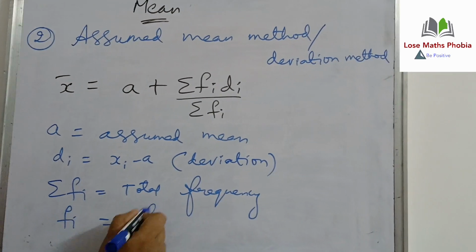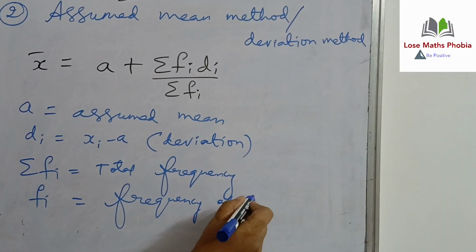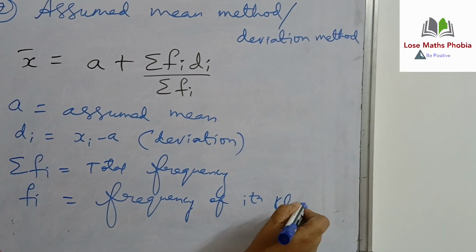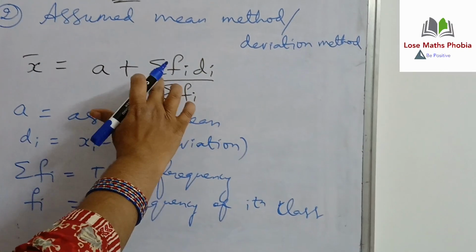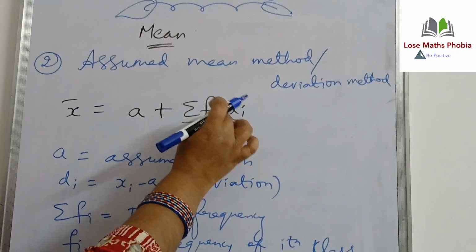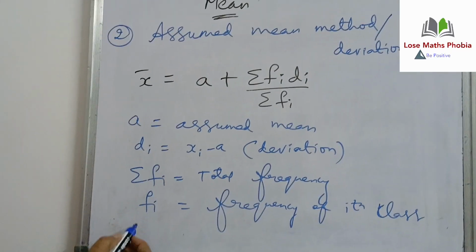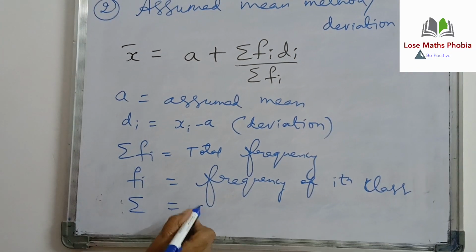Frequency of the ith class. And you already know summation Fi di means whatever product we have taken for the Fi column and di column, when we add the total we will be getting it. And this is summation.